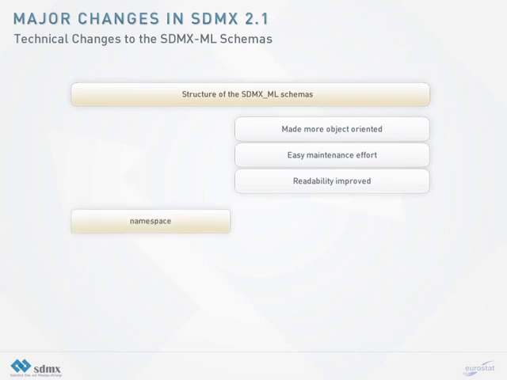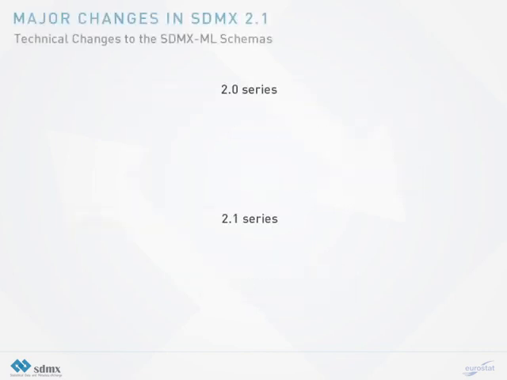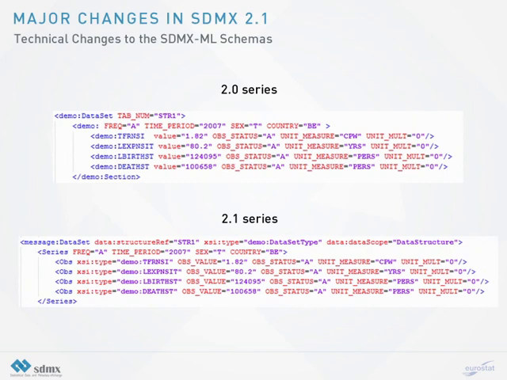Each namespace contains a root schema, which includes the necessary modules, so that there is still a single point of entry for any given namespace. Note that the new structure of the schemas does not have a major impact on the structure of the respective XML messages.